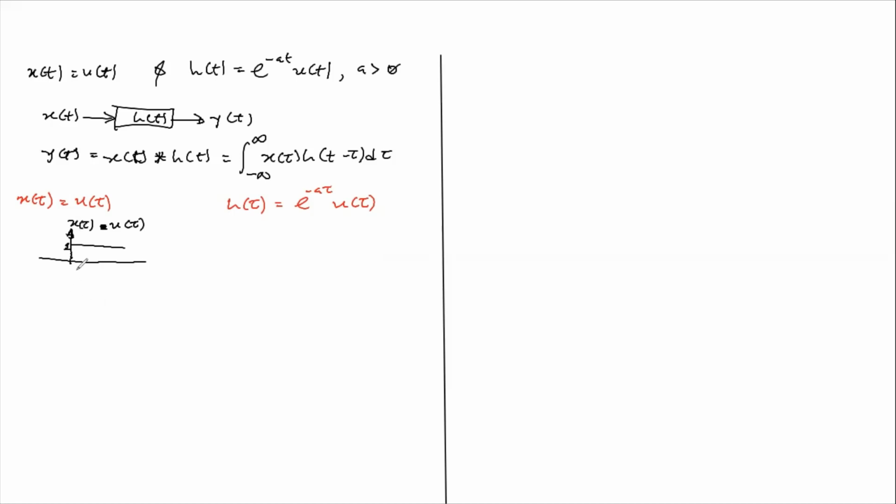Now h of tau is given such that, note that h of tau is the same as e to the minus a tau, u of tau.